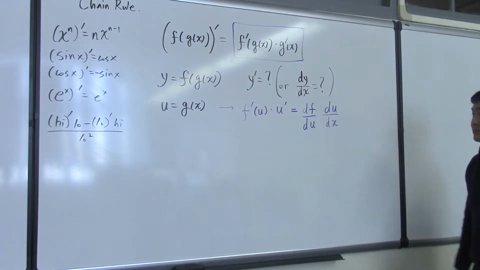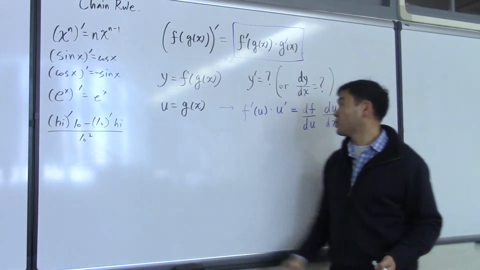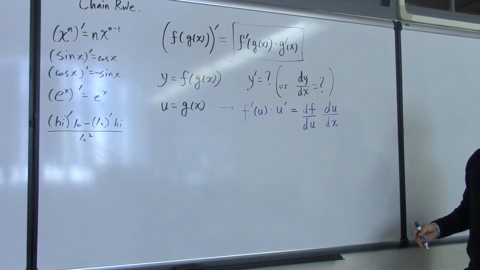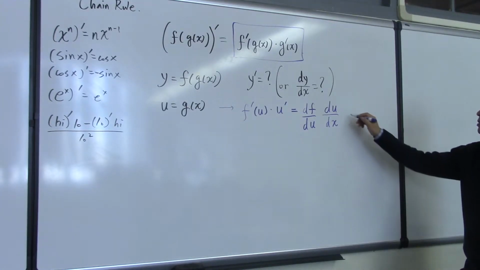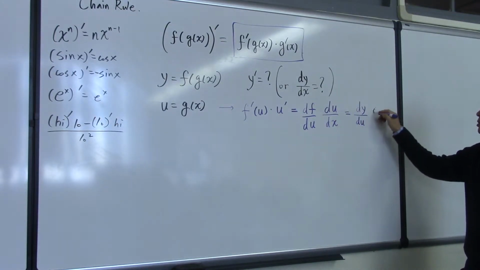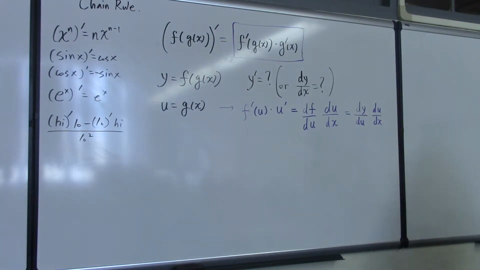Okay? And since y is this function f, you can rewrite this as dy du du dx. Okay. So this is another form of the chain rule.